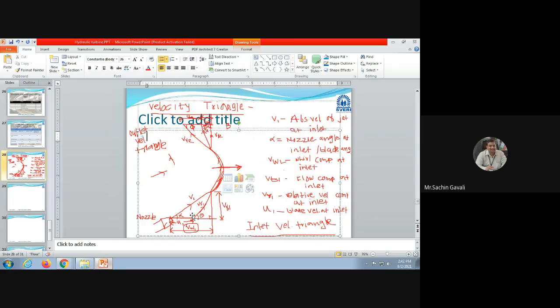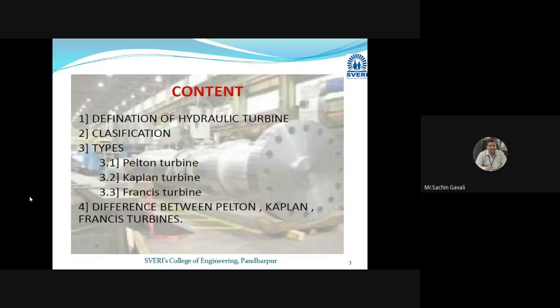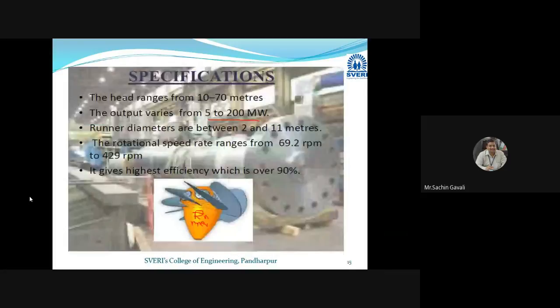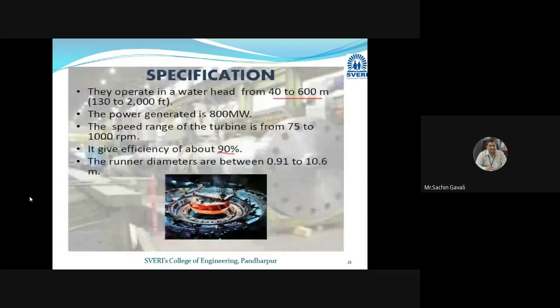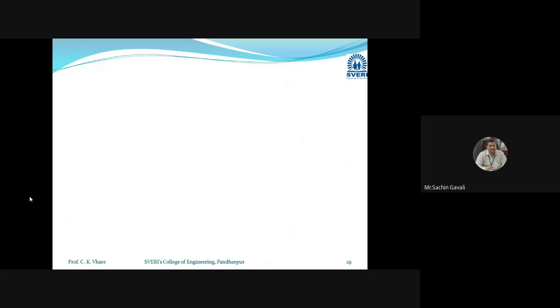So why does it look like a line? Because as Pelton turbine is, here what will happen? This is a hemispherical cup.